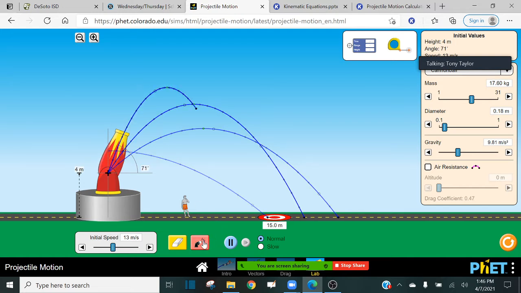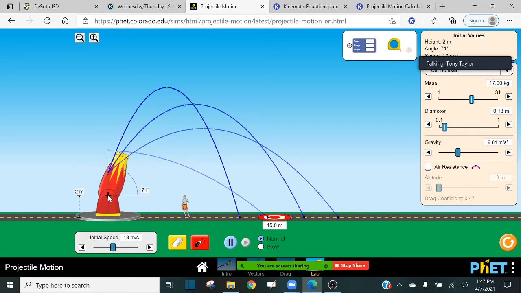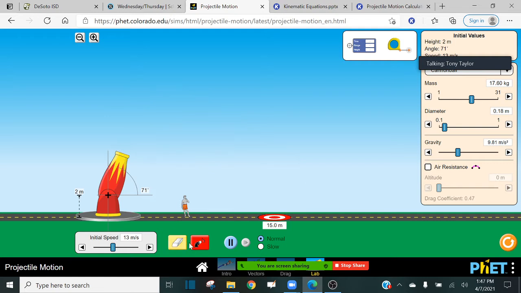Whenever we're firing projectiles at angles, you should be able to see that we're going to be dealing with trigonometry today. So we're going to be dealing with trig since we're working with angles. You can even have situations where the object is sitting on a surface, and you fire it and it looks something like this. So we're going to use some trigonometry today as we solve these problems.